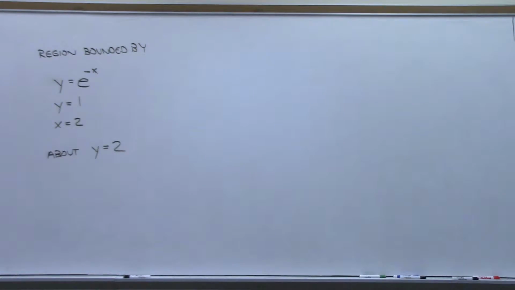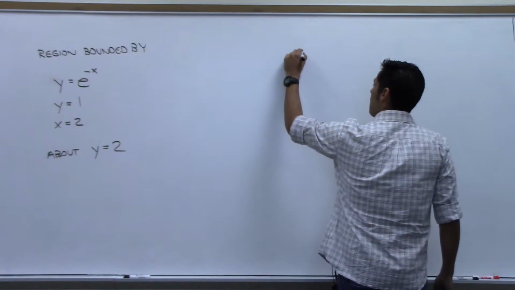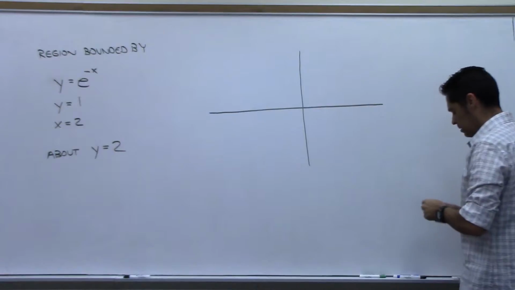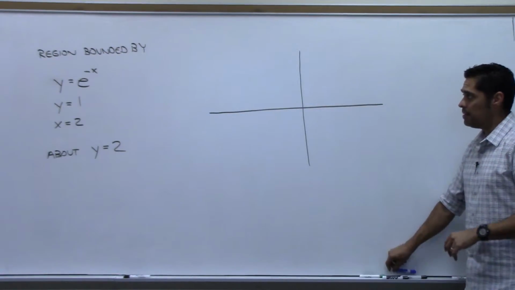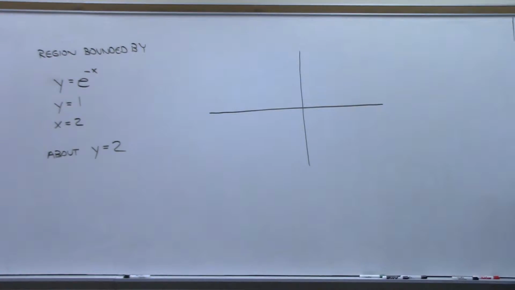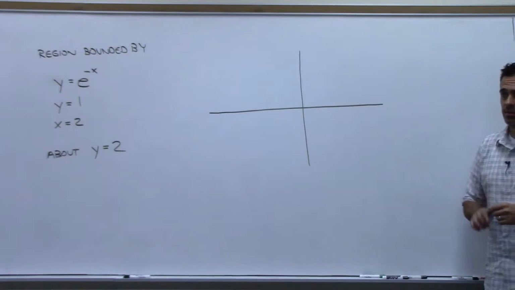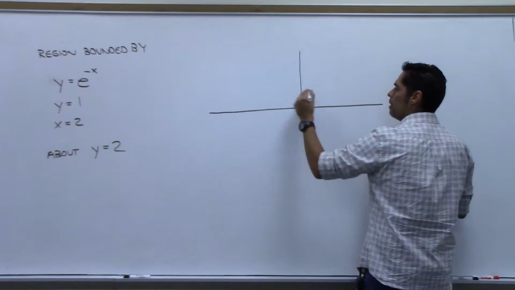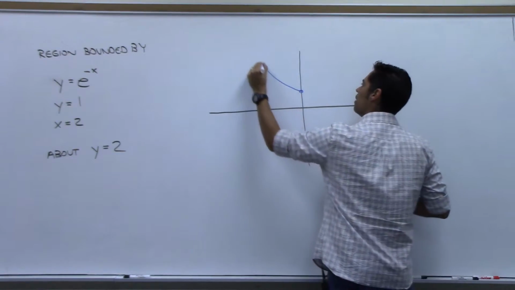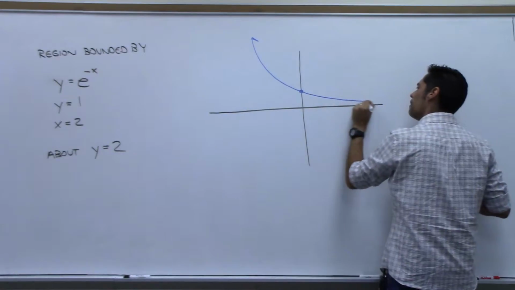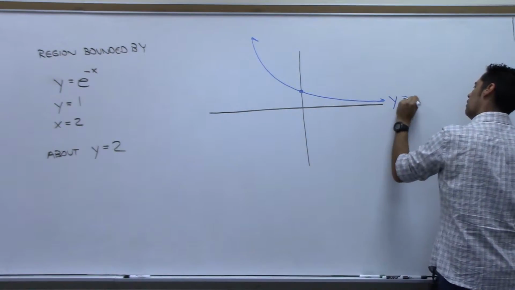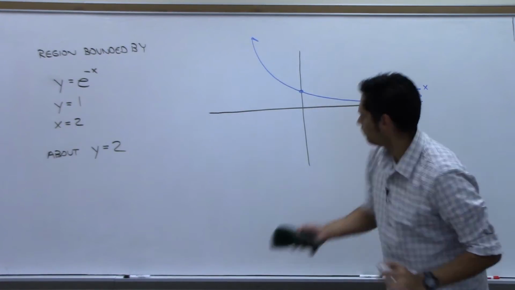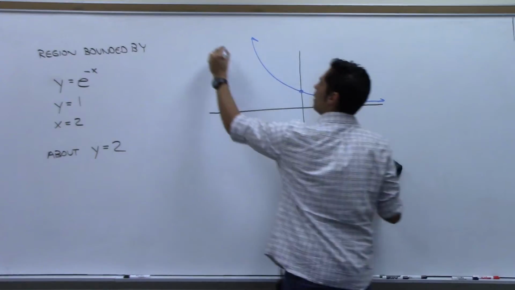Let's start with our region. e to the negative x looks like e to the x, except it's reflected on the y-axis. So instead of going like this, it goes like this. I'm going to move that and put that over here.